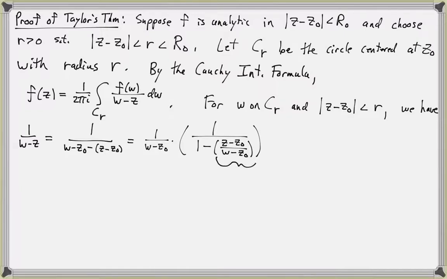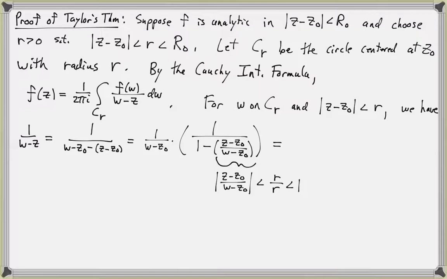The numerator, z minus z0 in absolute value, is less than r, and in the denominator, w is on the circle centered at z0 with radius r, so the denominator equals r. So this quantity in absolute value is less than 1, so we can use the formula for the geometric series.